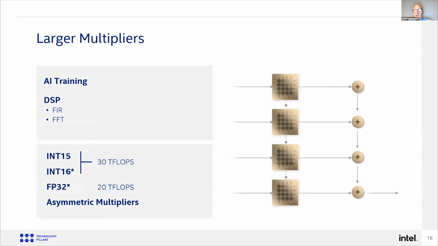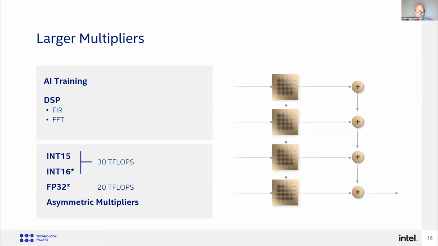We can build larger multiplies out of the AI tensor blocks as well. So this would be for the typical type of FPGA DSP applications like FIRs or FFTs, the radar applications that these FPGAs are generally used for. Rather than cascading the devices together, we do what's called aggregating them together. We can use the embedded FP32 adders or soft logic that is wrapping around these AI tensor cores, and we can build bigger multipliers like INT16.